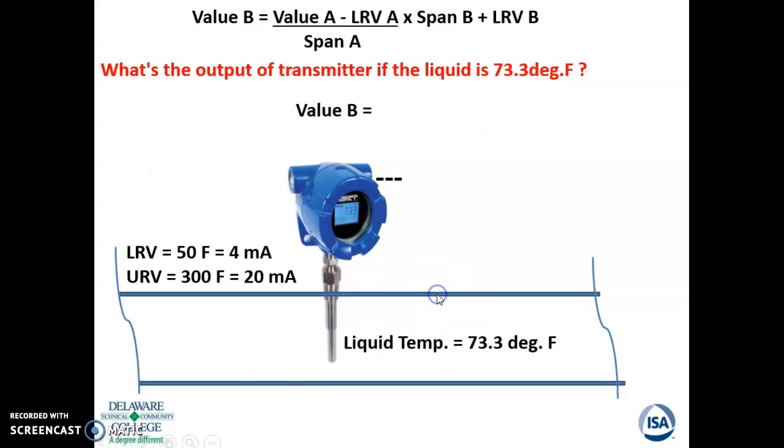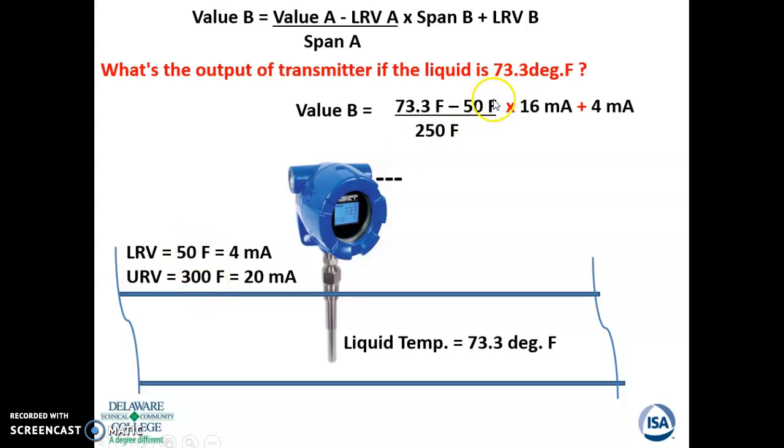All right, let's do another example. We're going to look at temperature. Again, we're going to go from degrees Fahrenheit to milliamps. So let's start. Our starting point is 73.3 minus our low range. So what is our range? 50 to 300. That gives us our span of 250.